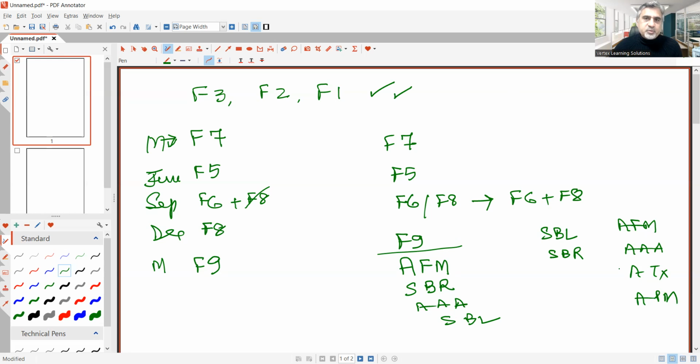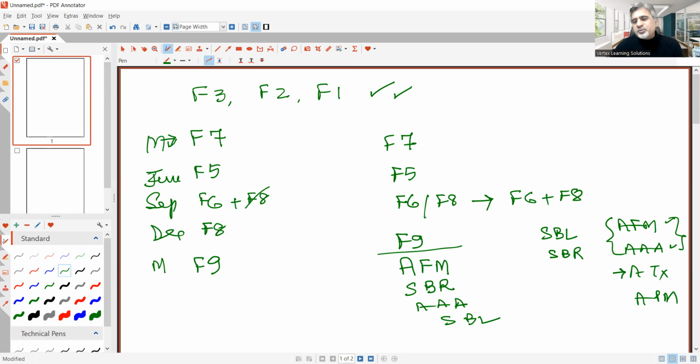For most students, I recommend AFM and AAA from the optionals, because these are the two exam papers which are mostly used in your real, practical life. When you finish your ACCA qualification and go for a job interview, you are going either to an audit firm or to industry. In any case, the knowledge of AFM and AAA is mostly used in real life.